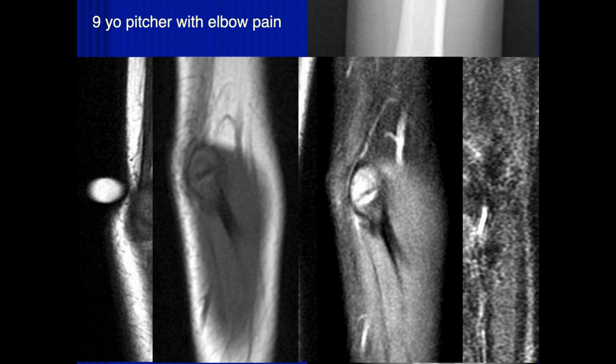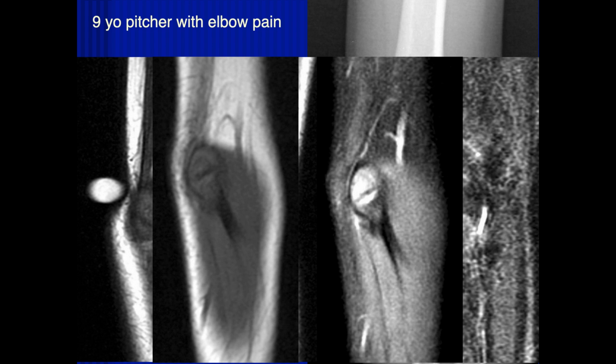Arm throwing. In other words, the dominant arm is almost always larger in circumference. And in pitchers, it's much larger. Tennis players, you know those crabs that walk around with the big arms sticking up, or the leg, whatever that is.